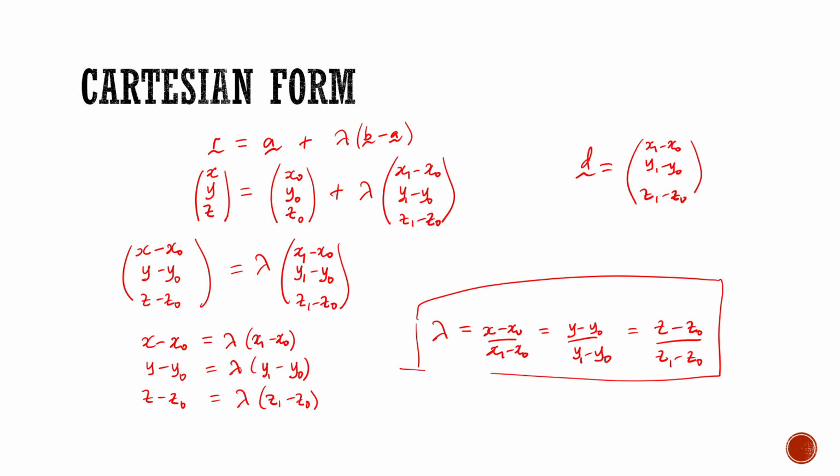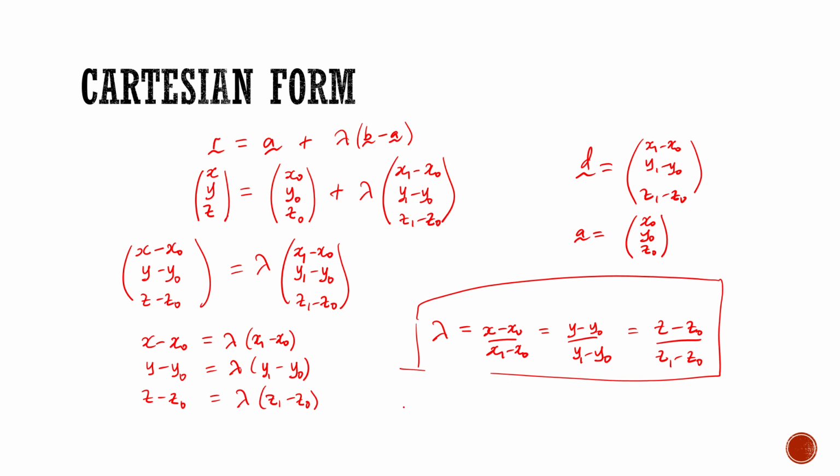And in the numerators, being subtracted from x, y, and z, we have a point on the line, x naught, y naught, and z naught. And so as long as the coefficients of x, y, and z in the three fractions are positive 1, then we can extract a point on the line from the numerator and the direction vector of the line from the denominators.